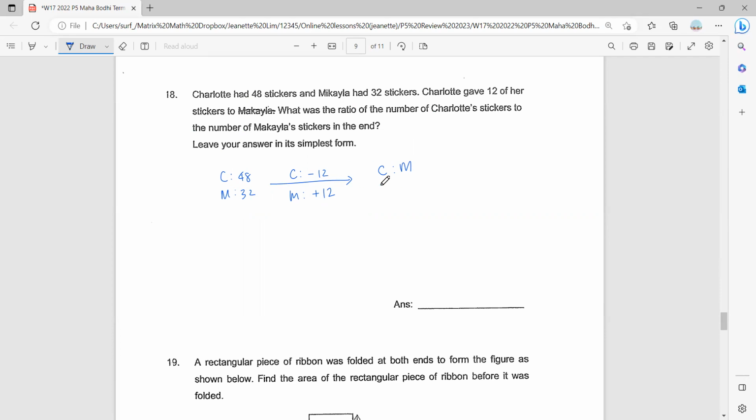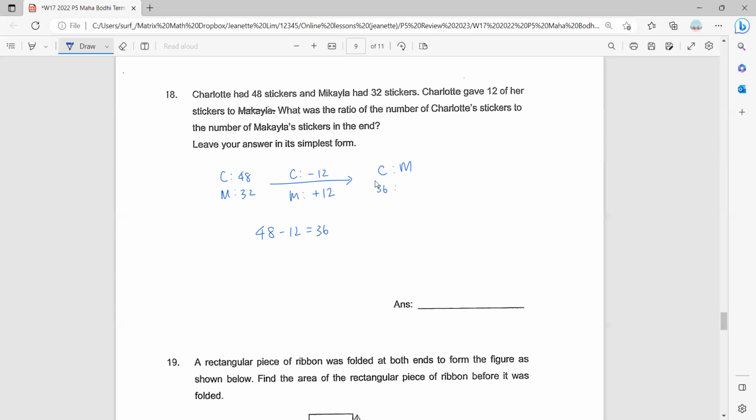But in this question, if we want to find Charlotte's stickers in the end, what we can do is take at first minus 12. We find what Charlotte has in the end, and what Michaela has in the end. Then we have the ratio by simplifying these numbers. So 48 minus 12, here we have 36.